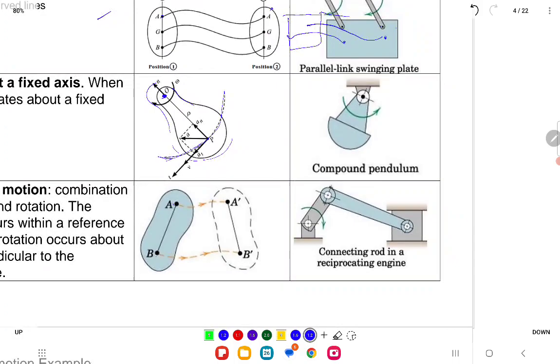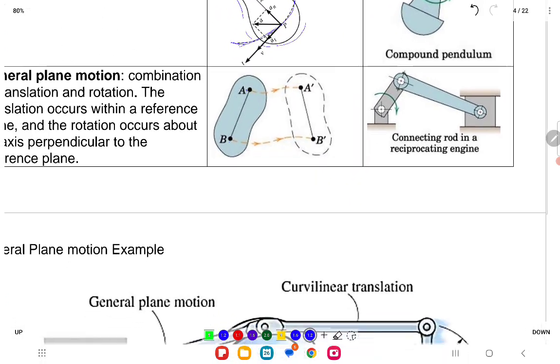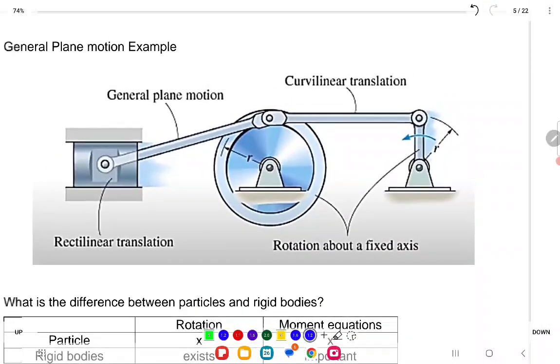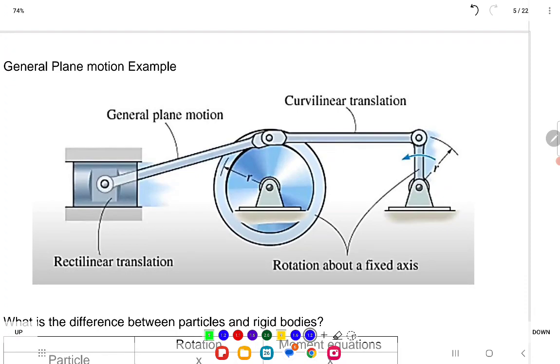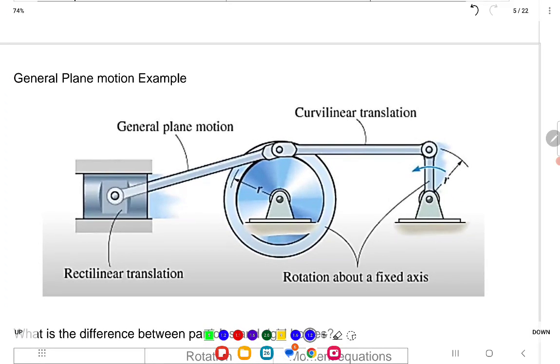And that's an example. Actually, I have a very good practical example that maybe you guys have an idea about. So that's the general plane motion example. If you look at this link, it's rotating. And if you look here at this wheel, it's also rotation about a fixed axis. This is the fixed axis where the rotation happens, and that's the fixed axis where this wheel is rotating.